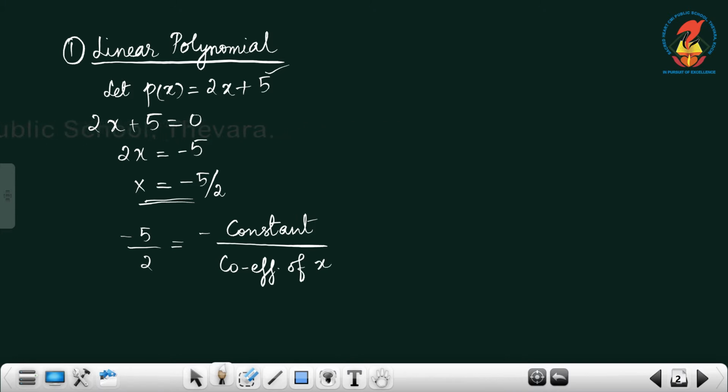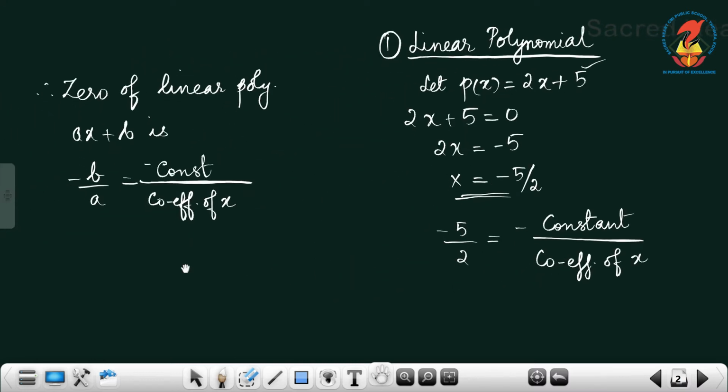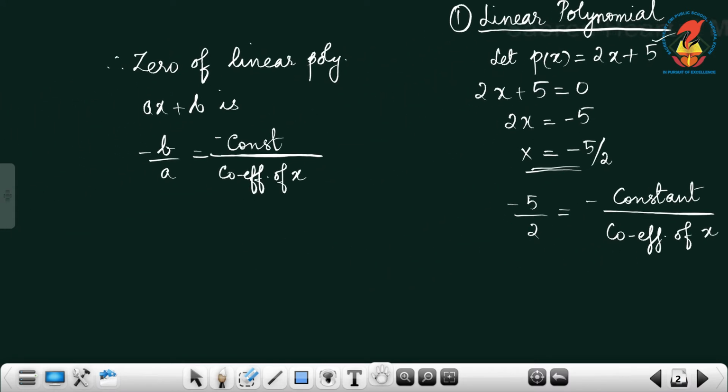Therefore, minus 5 by 2 equals minus of constant term by coefficient of x. So, the zero of a linear polynomial ax plus b is negative b by a, which is the same as negative of constant term by coefficient of x.